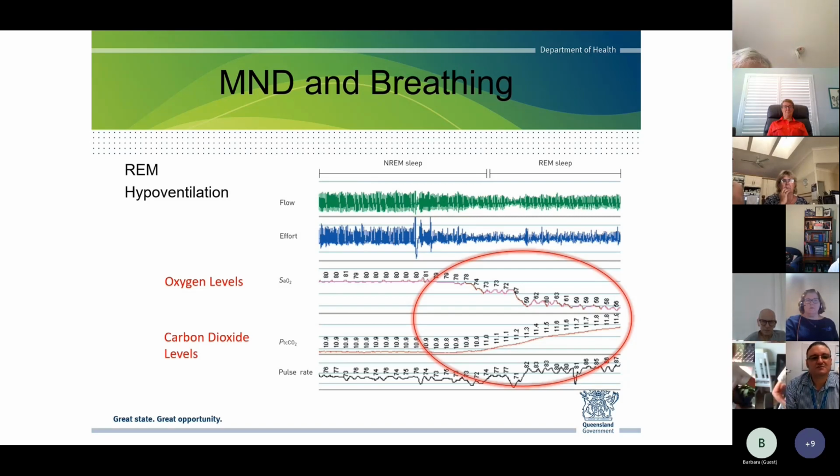The good thing is once you come out of REM, you go back to normal oxygen and carbon dioxide levels. But REM happens at least 3 times a night. The REM cycles are 90 to 120 minutes, so every 90 to 120 minutes you should hit your REM sleep, and people average 3 times a night.